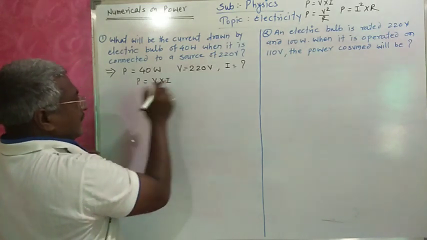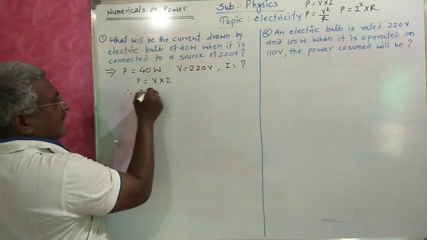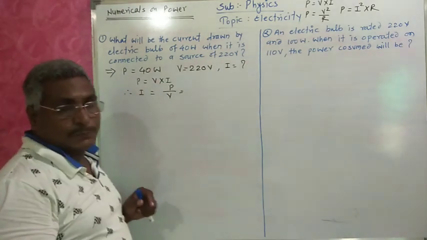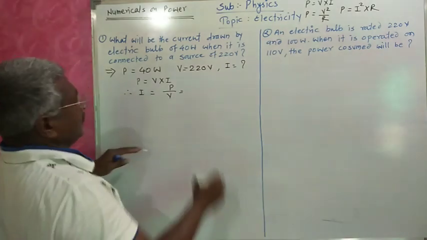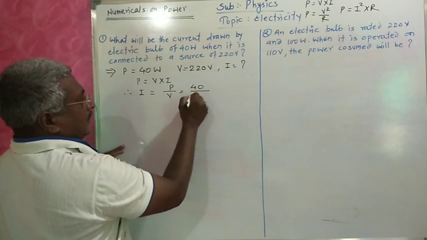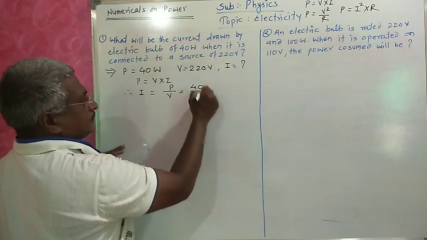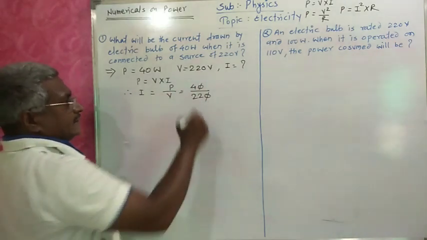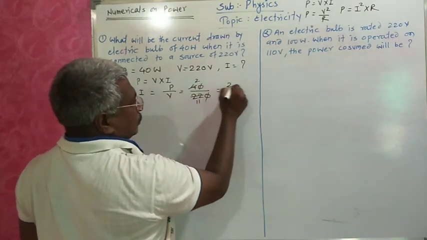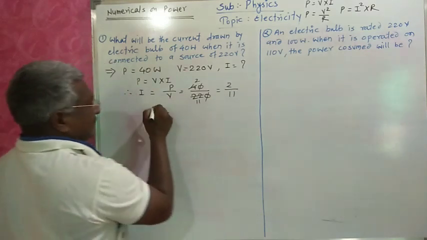So first the current has to be found. I equals P by V. This is the transformation of the formula. Then P is 40, V is 220. So what will we get? 2 fours are 4, 2 elevens are 2 by 11.